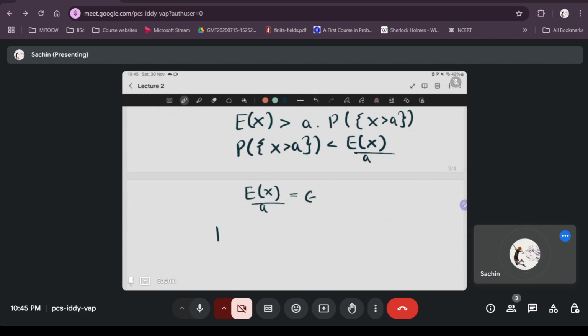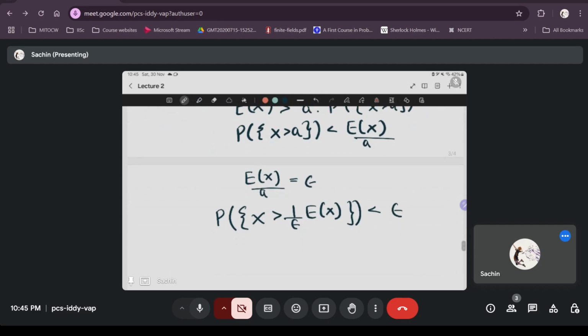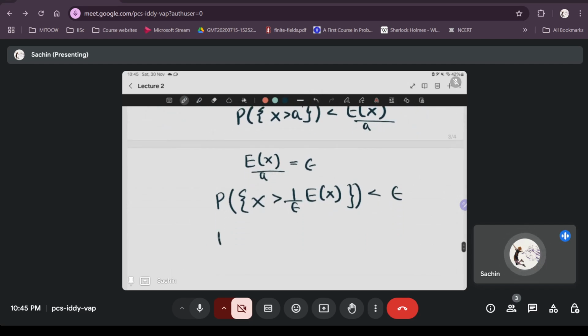So that would change this equation to P of the event x is greater than 1 over epsilon E of x is less than epsilon. So then the complementary event will be the event x less than or equal to 1 over epsilon E of x, right?